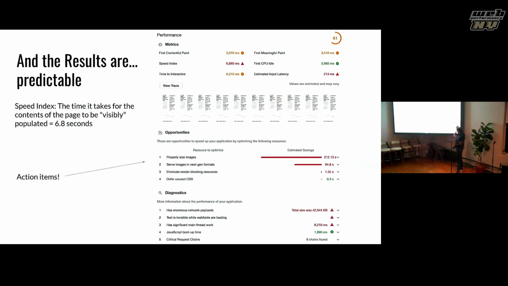Your images aren't in next-gen formats, which isn't relevant to every browser, but to some it is. Eliminate your render blocking resources. This is a small site, so none of these are huge things, right? But we can do a lot better than a 61. So we'll look through here and see what we can do to come up with a better score.